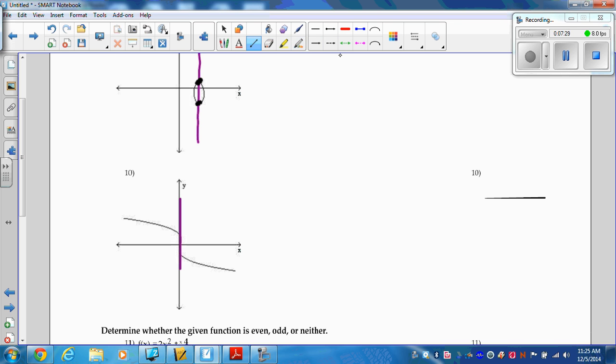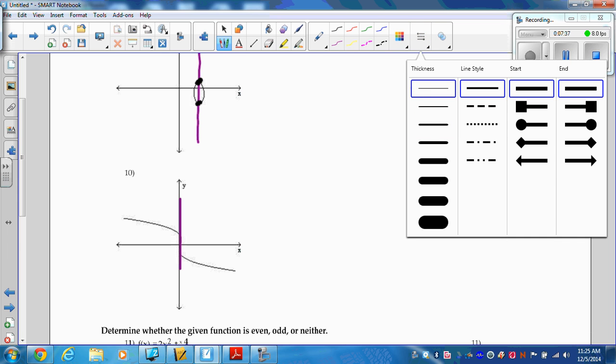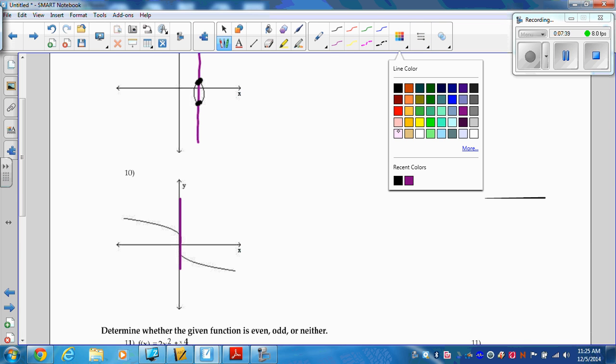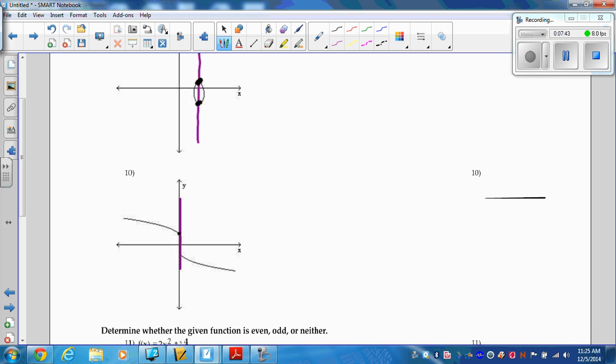So this also is not a function. So let's get this back now to our little lines. And you can see here that this is not a function. It touches here, here, and here. So this is not a function.